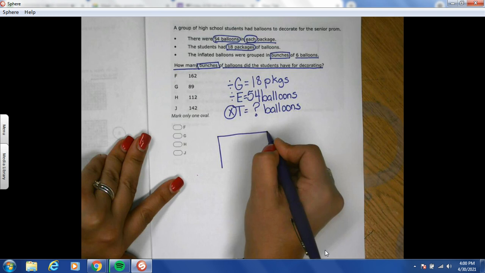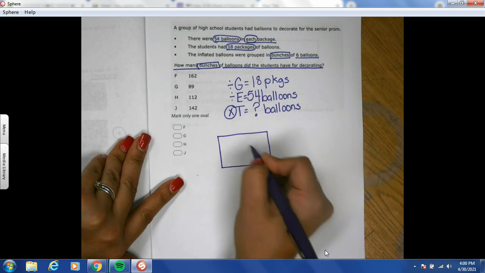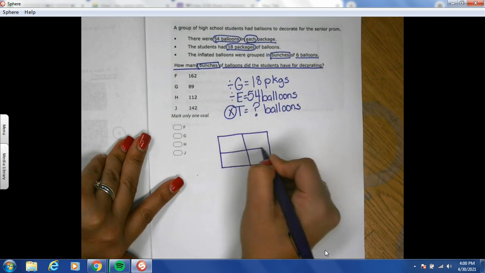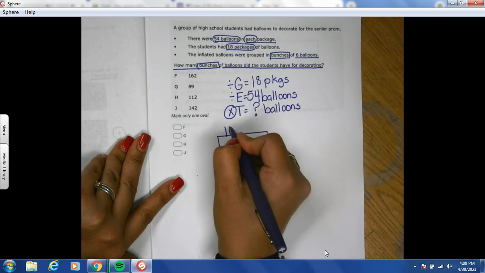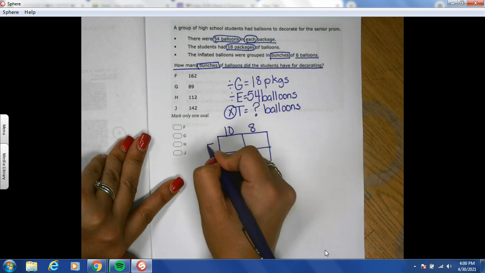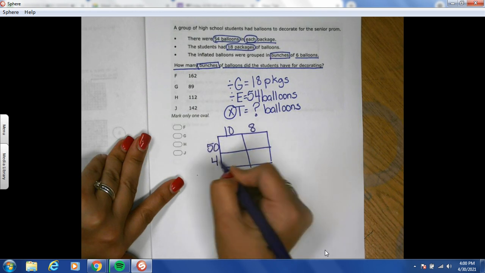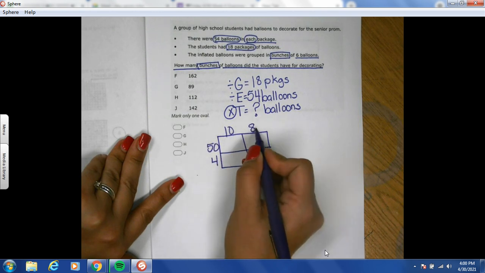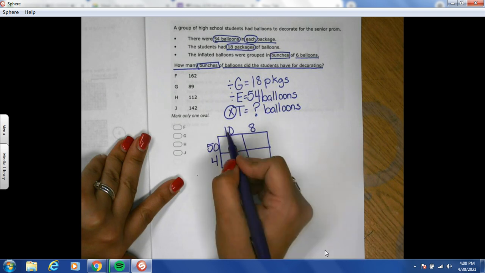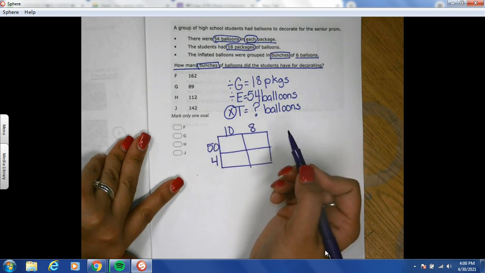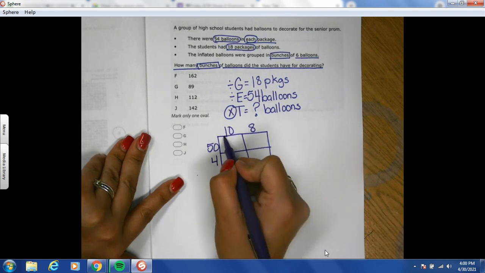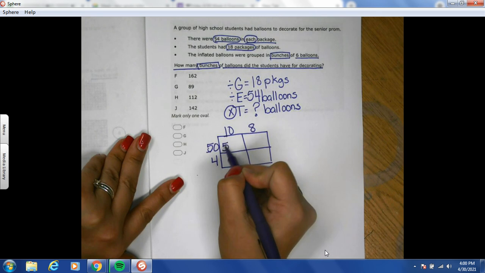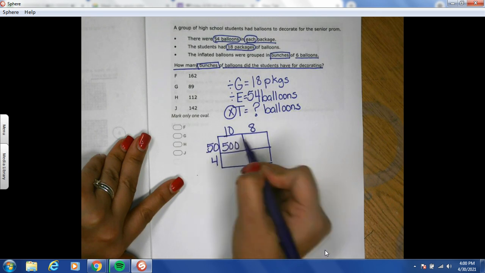Let's do our partial products. 10 plus 8 is 18. 50 plus 4 is 54. So we're going to do what we've been learning in basic facts. We're going to multiply 1 times 5 is 5. Add my 2 zeros.